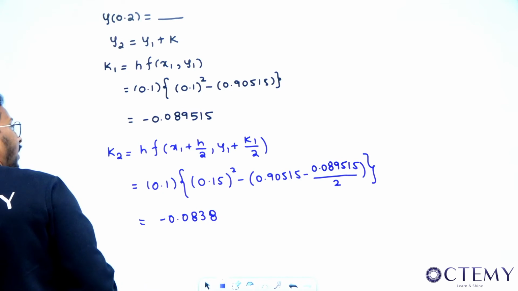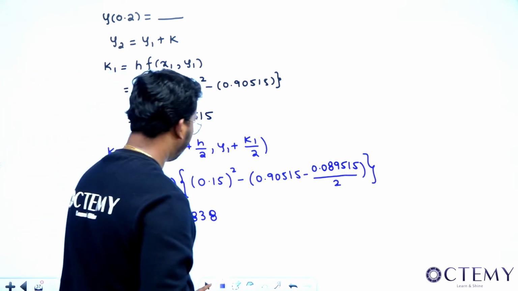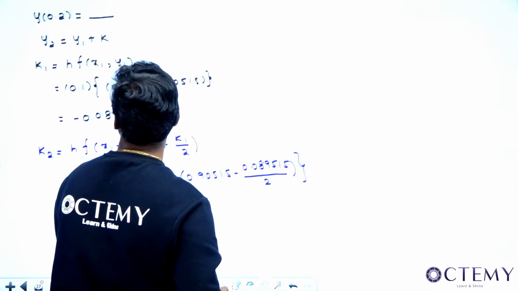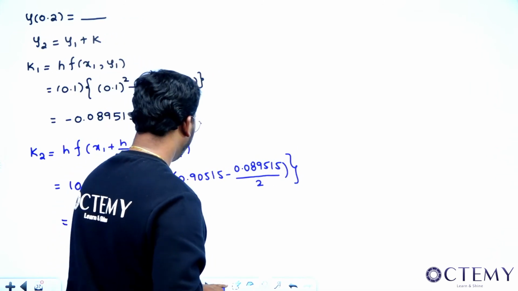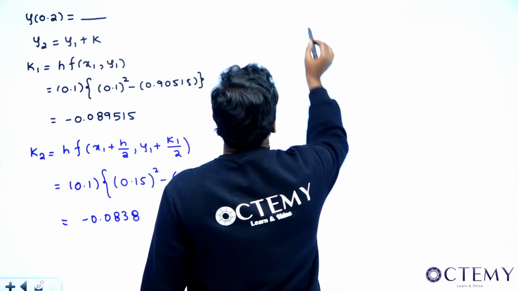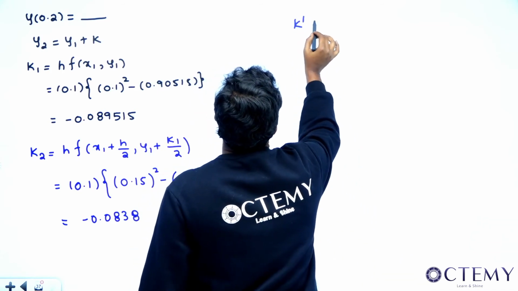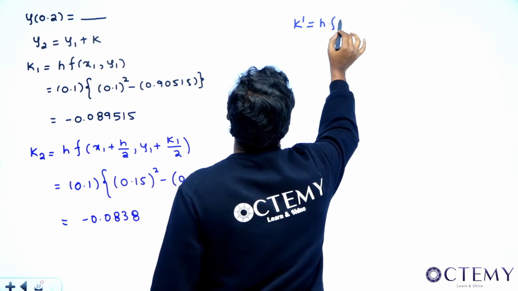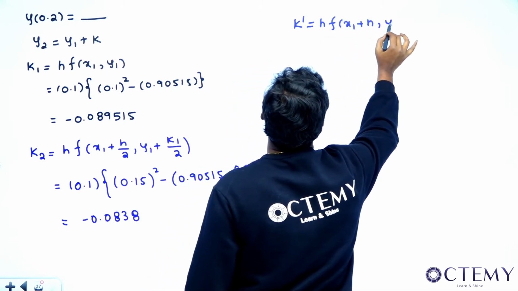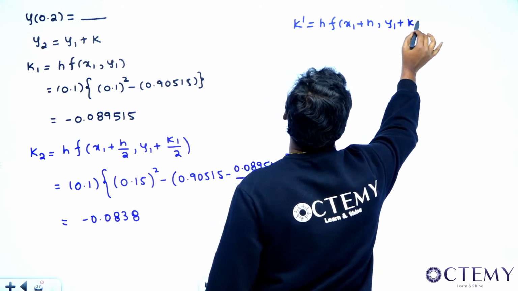Next is your K dash. So how will I write K dash? Let me just move this aside. K dash is equal to h into f of x1 plus h, comma y1 plus k1.